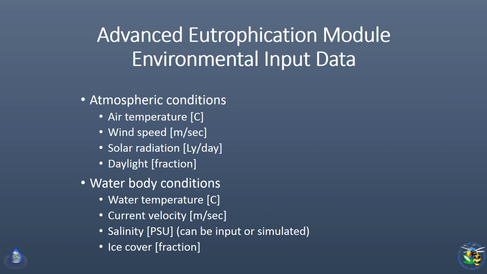Additional information that's needed by the eutrophication model is, to adequately predict water temperature, you would need some meteorological conditions such as air temperature, wind speed, solar radiation, and the daylight fraction. In the case of phytoplankton, you also need to have solar radiation and daylight fraction. For water body conditions, you have to have water temperature, water velocity, salinity concentrations, and ice cover if you have it to affect dissolved oxygen.